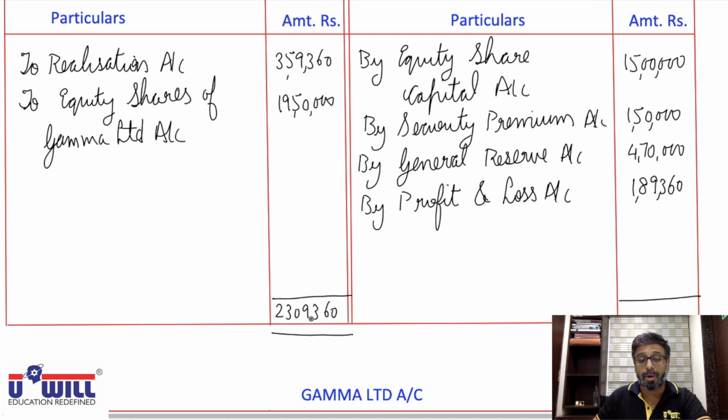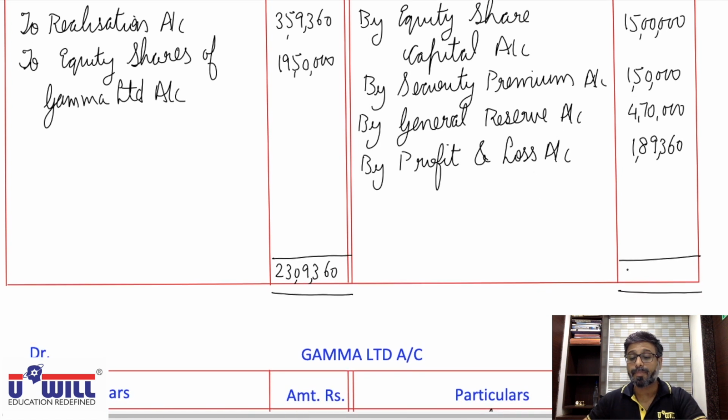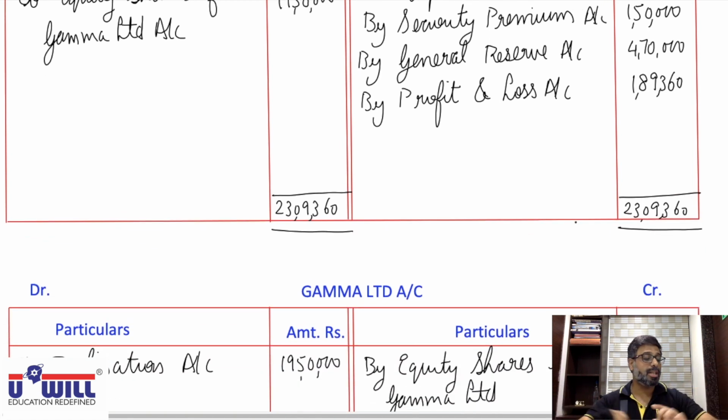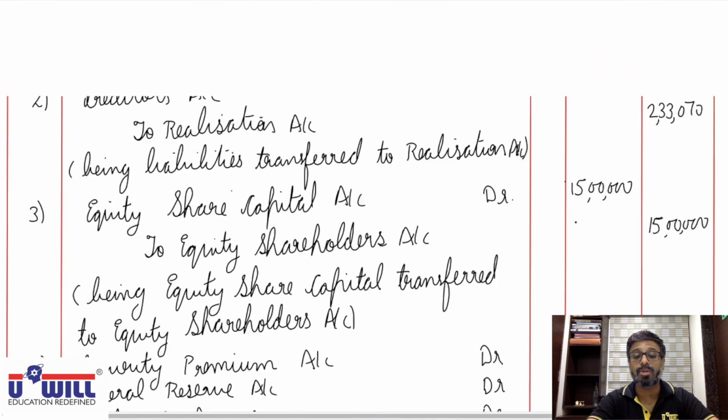You must get the same amount on the credit side, so cross verify: 15 lakhs plus 1,50,000 plus 4,70,000 plus 1,89,360 comes to 23,09,360. So if the equity shareholders account gets tallied, mostly your answer is correct. This is how we pass the entries in the books of Alpha Limited.